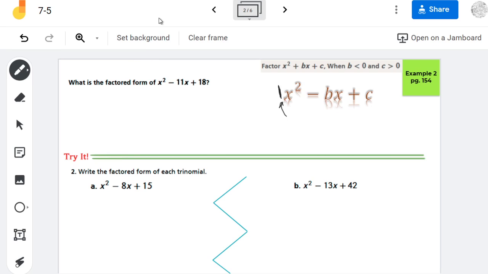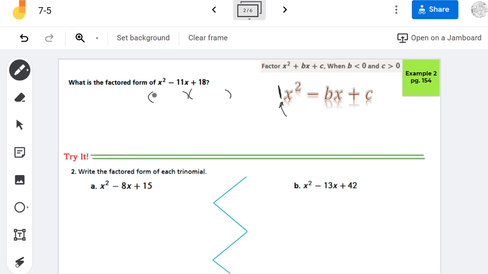So here we go. If you watched our last video, you have the steps written down for this. I'm just going to go through these using those same steps. If you don't have those steps written down, go back to example 1 and make sure you know them. Step 1 is to set up the double bubble.